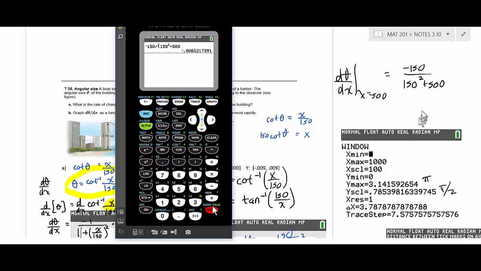Wait, now shouldn't it be 500 squared? Yeah, I thought there was something wrong on that. That didn't look right to me. Let me do that again. It's not much different, though. 150 squared was a part of the derivative, and then it was x squared. That's what I forgot. So 150 squared plus x squared.